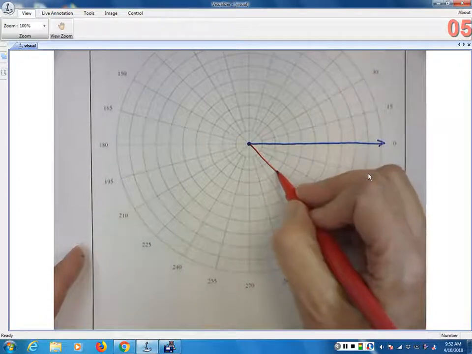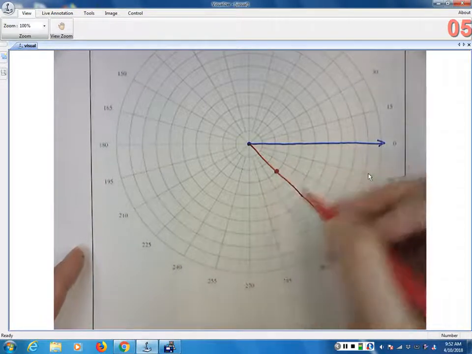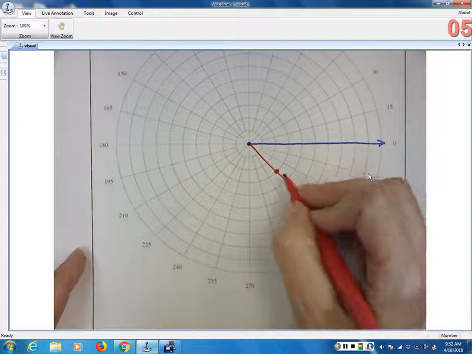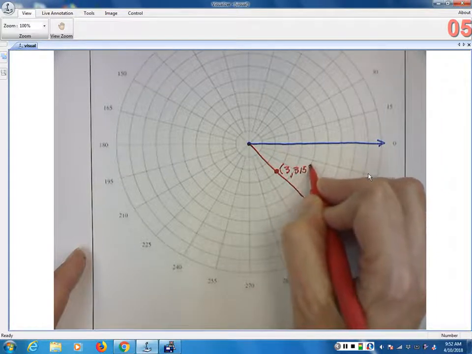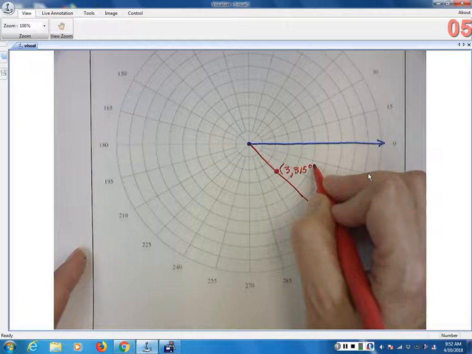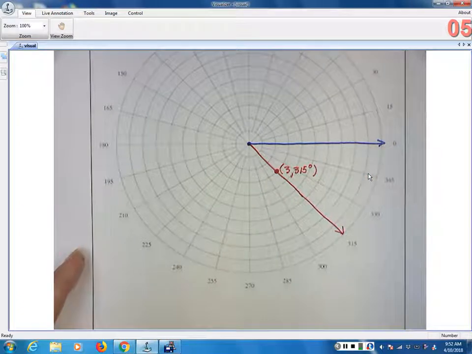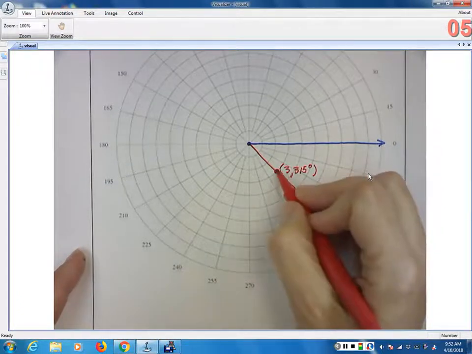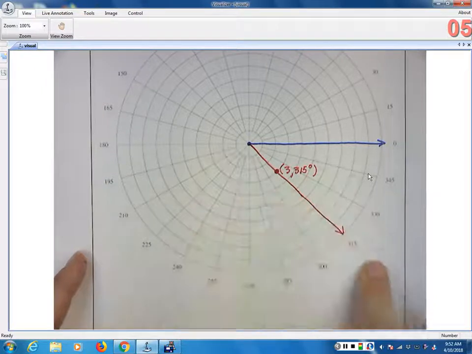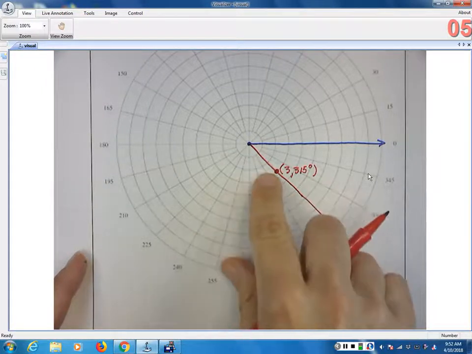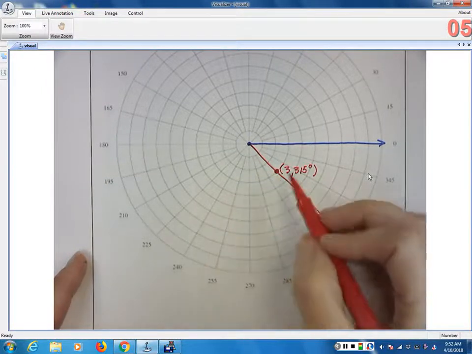So we're going to end up here. I drew the ray for 315 degrees, but that's the point. I've just plotted the point.